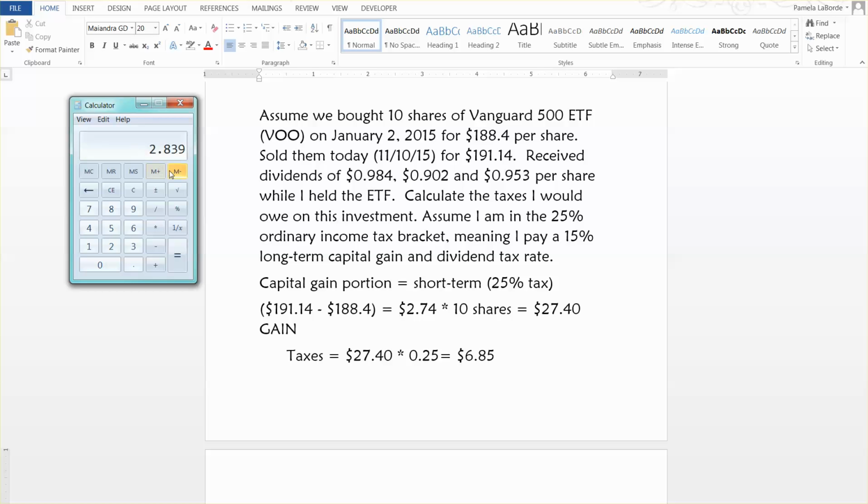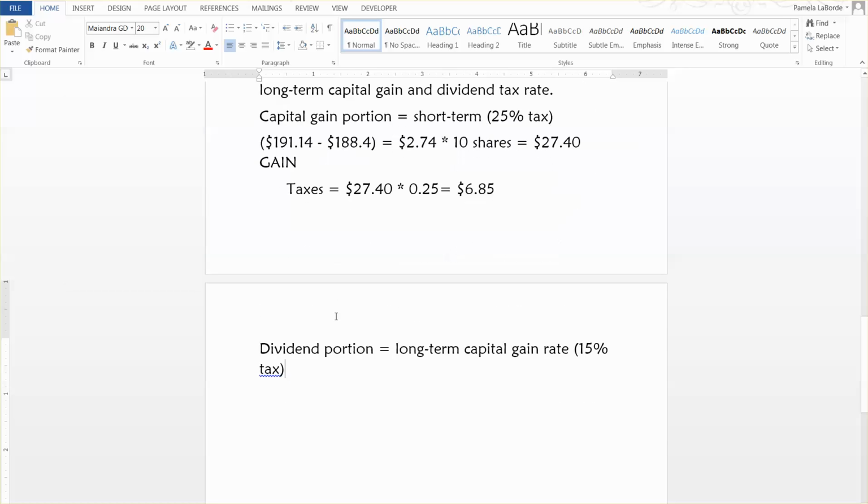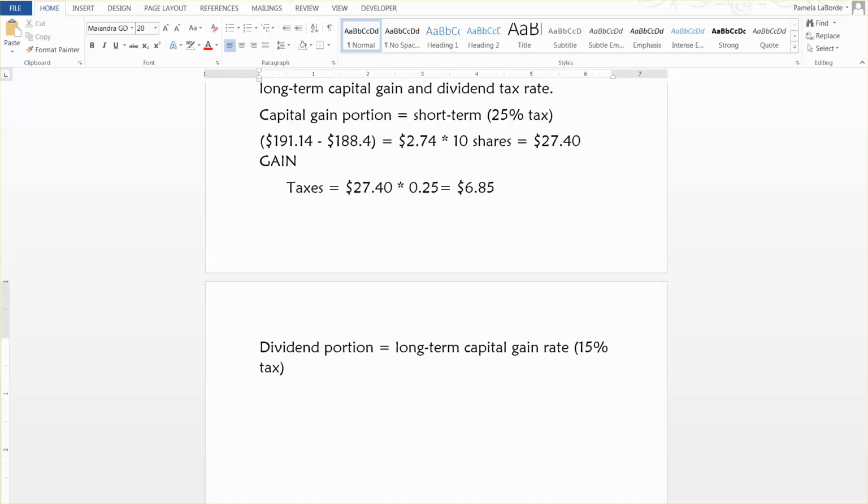So I got a total of about $2.84 in dividends. So my total dividends, 2.839, I think it was. I can't remember exactly what it was. And that was per share.